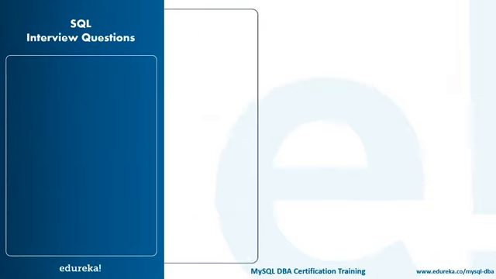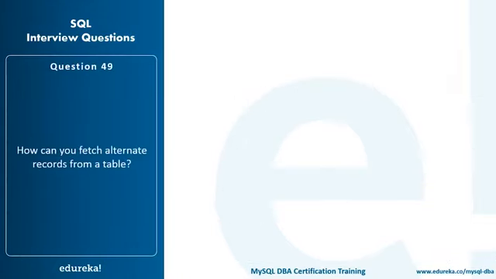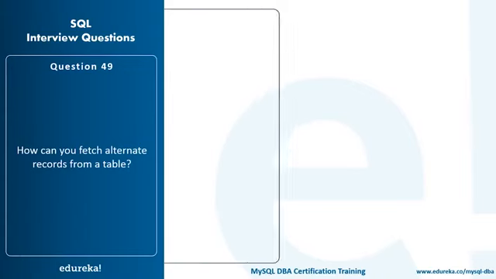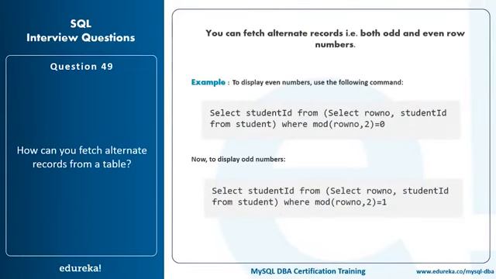Let's move forward to the next question, that is, how can you fetch alternate records from a table? When you answer this question, please make sure that you mention that you can fetch alternate records, that is both the odd and the even row numbers. To display the even row numbers, you can use a command like select student ID from (select row number, student ID from student) where mod(row number, 2) equal to 0.